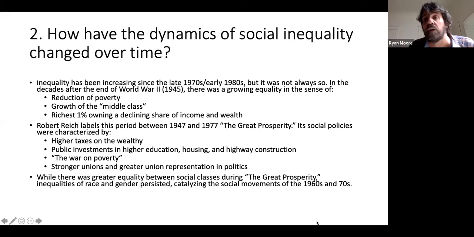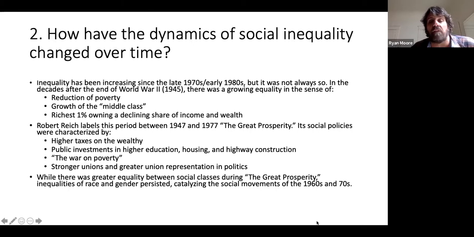The tax rate on the 1% and on the rich was much higher than it is today. It's been declining since Reagan was elected in 1980. One of the first things that Reagan did was cut taxes for the wealthy. And Trump cut taxes for the wealthy as well.